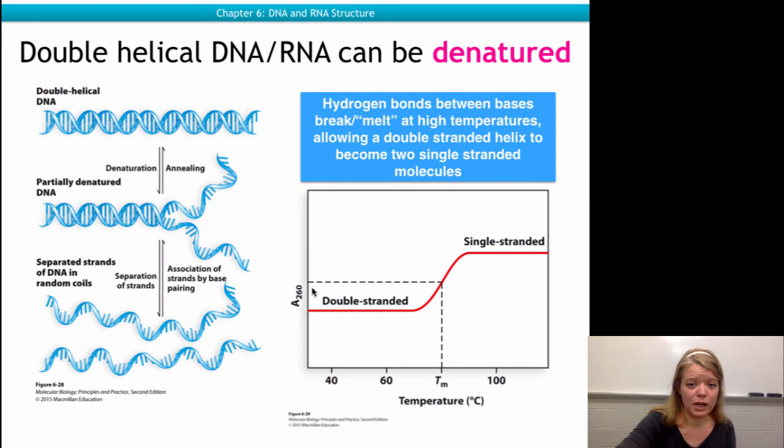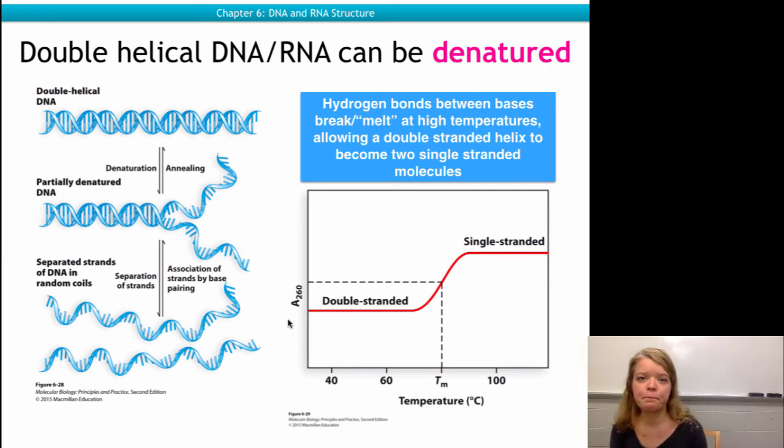Also, I want to call your attention to the fact that on the y-axis there is this mysterious notation called A260. A stands for absorbance, and 260 stands for the wavelength of light. This is 260 nanometer light.